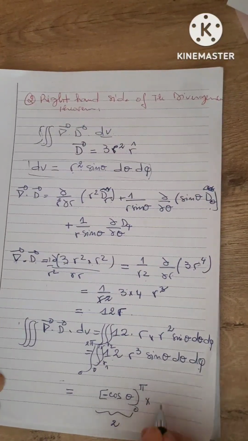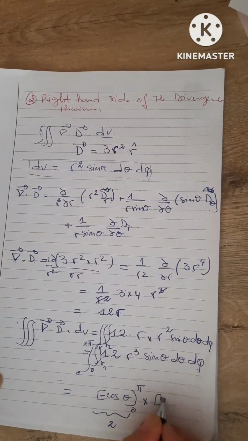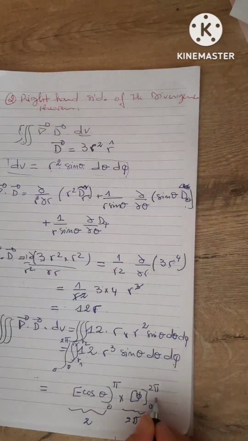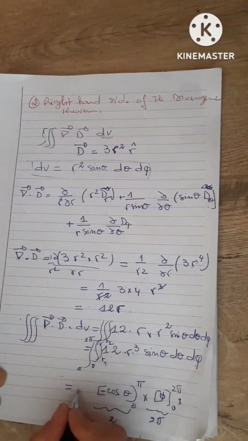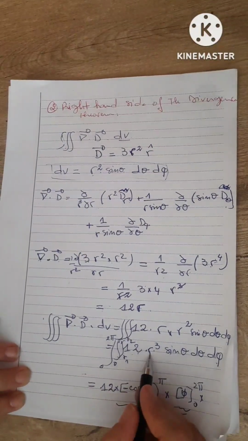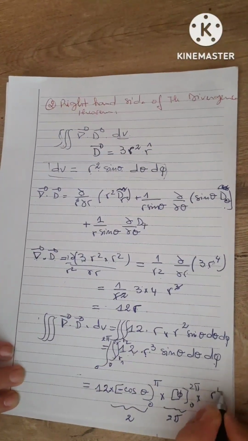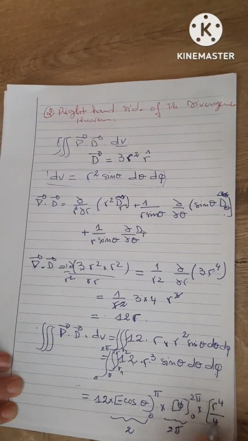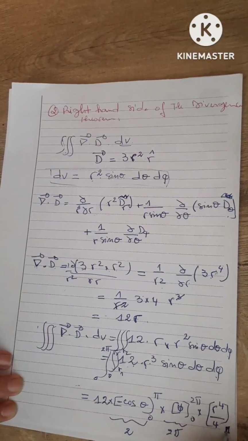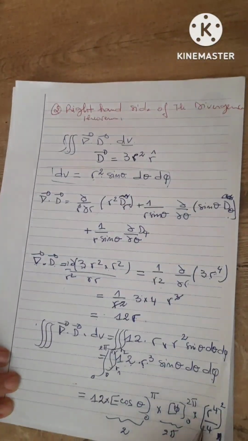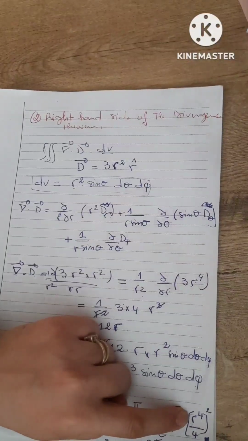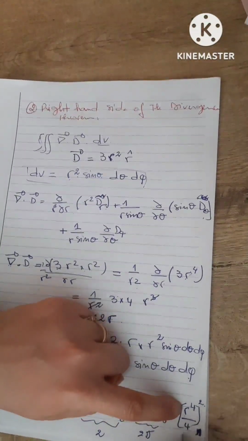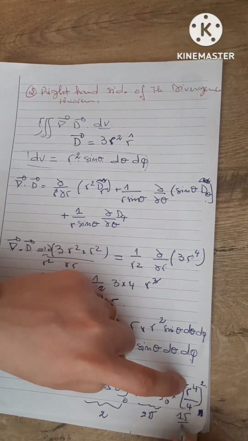The integral of d phi from 0 to 2 pi is 2 pi. And the last one is 12 r cubed, which becomes r to the power of 4 over 4 from r1, which is 1, to 2. So 2 to the power of 4 is 16 minus 1 to the power of 4 is 15 over 4.